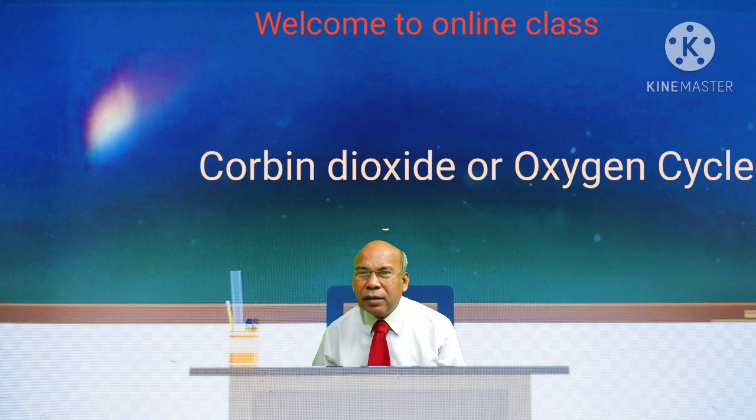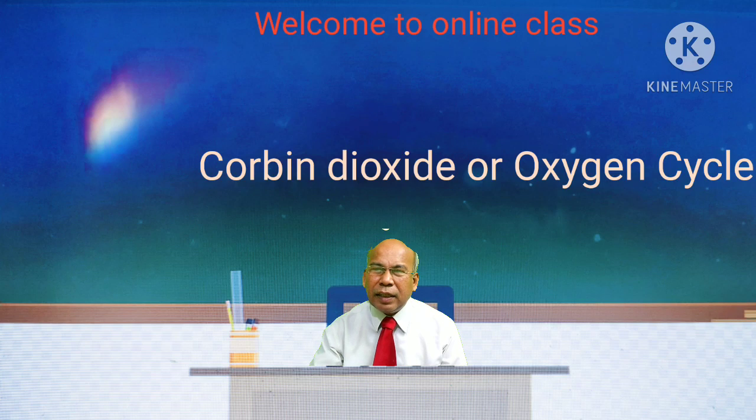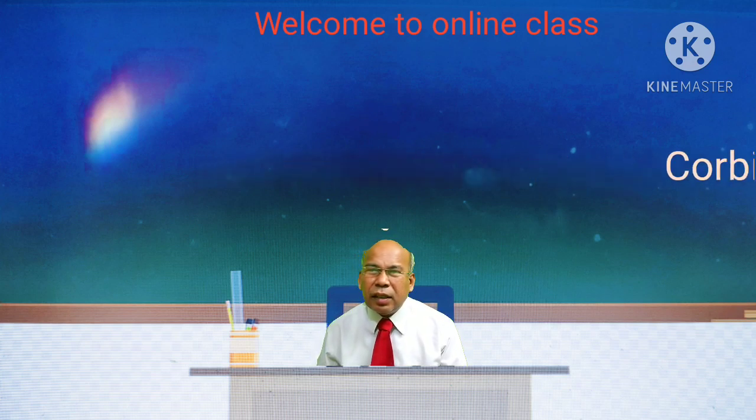So this carbon dioxide cycle remains continuously the same because of liberation of carbon dioxide by living beings, consumption of carbon dioxide by plants and liberation of oxygen from plants. And other living beings inhale oxygen.